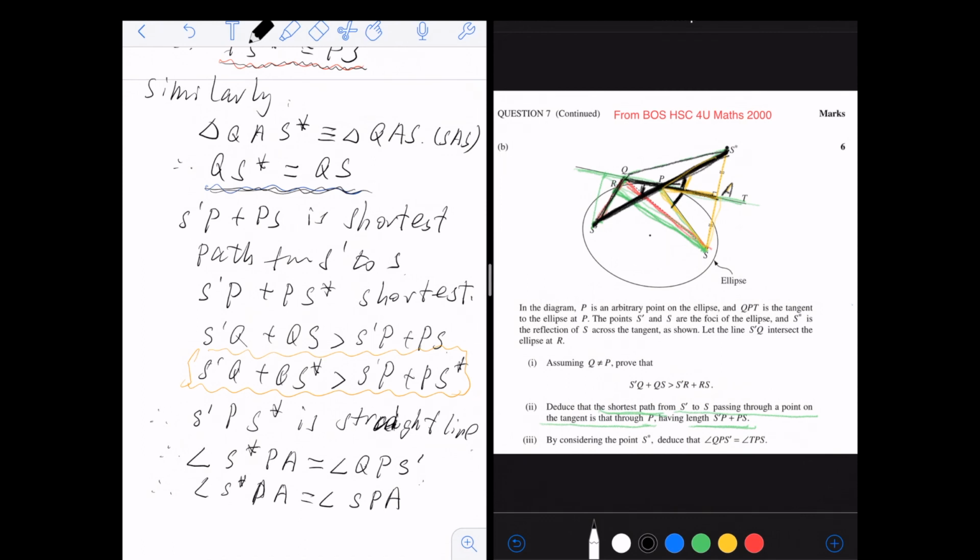So then from here, therefore, angle QPS apostrophe is equal to angle TPS, which means these two angles are equal. That's the proving of the reflection properties. Done.